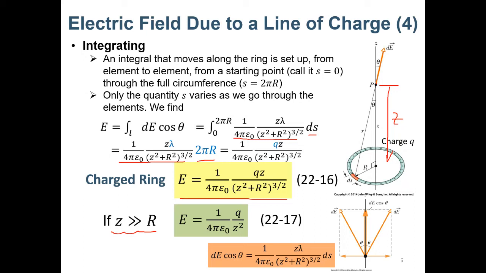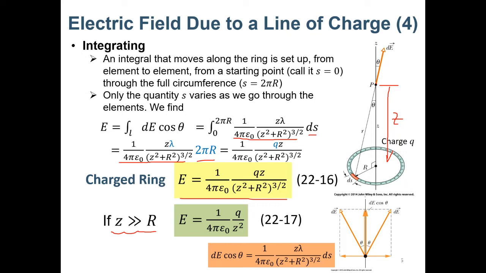Then Z squared plus R squared is approximately Z squared, because Z is much larger, so you can ignore this term. So Z squared to the 1.5 power will become Z cubed, and one order cancels with this Z. So we have something like this.